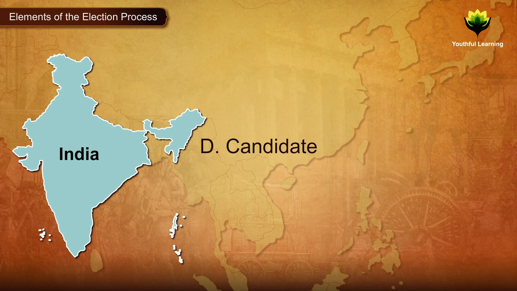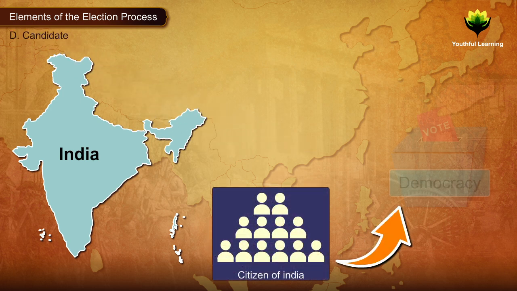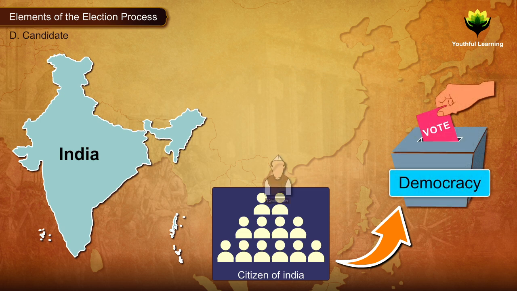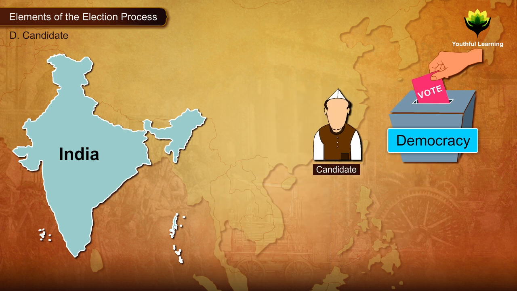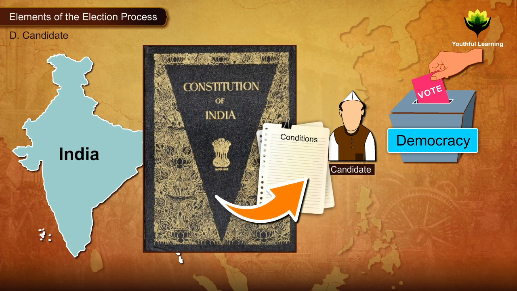D. Candidate. A citizen of India who is a voter can become a candidate or can contest elections. A candidate contesting the elections has to fulfill certain conditions prescribed by the Constitution of India.